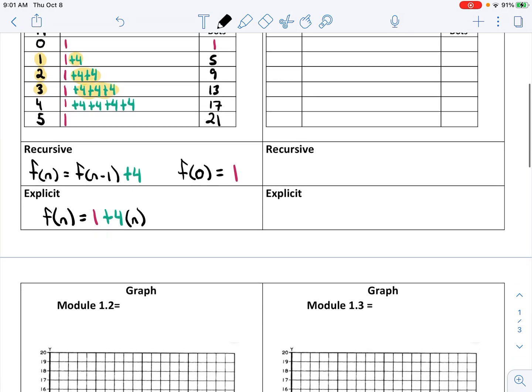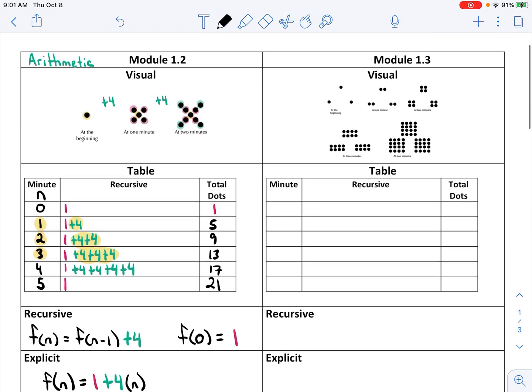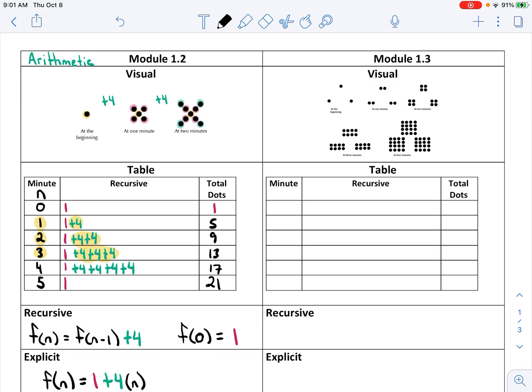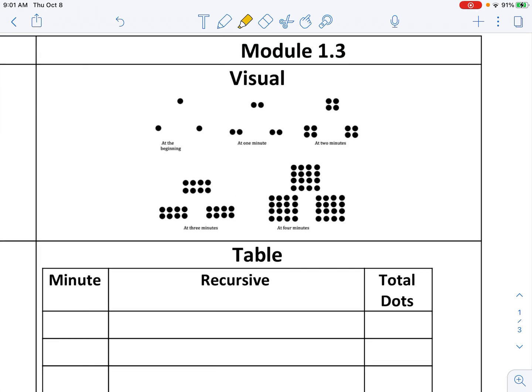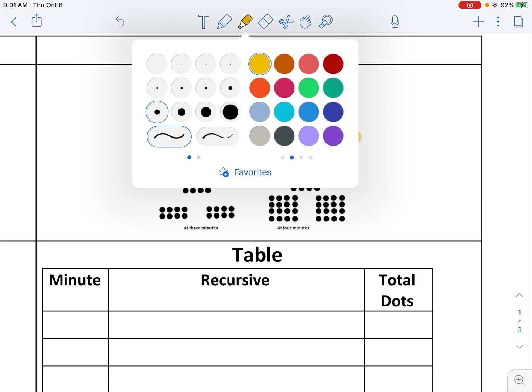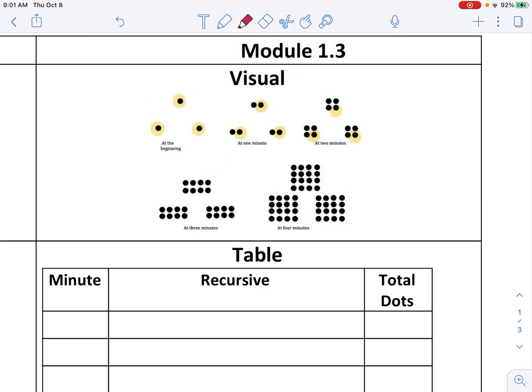So now, before we graph, I'm going to go and do the same thing for Module 1.3. In Module 1.3, at the beginning, we had 3 dots. And then what happened is at 1 minute, we now have 6 dots.